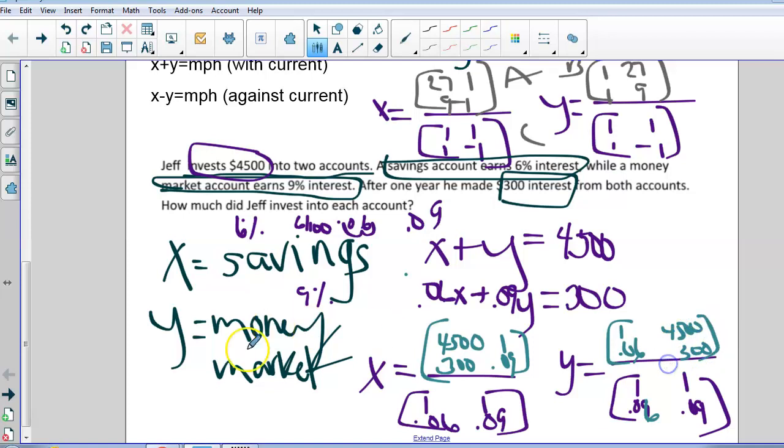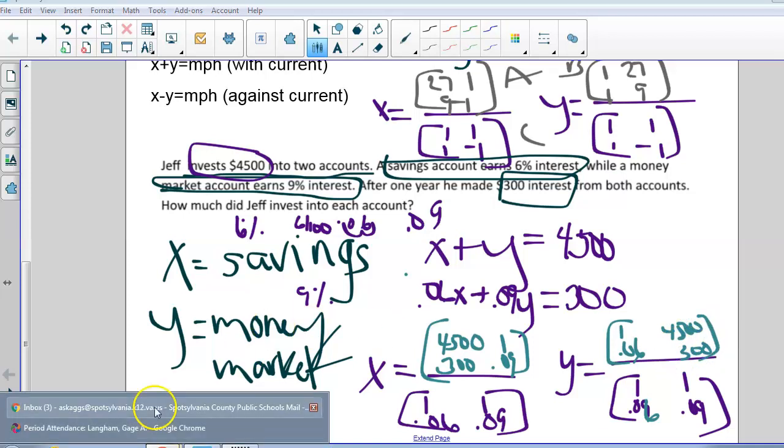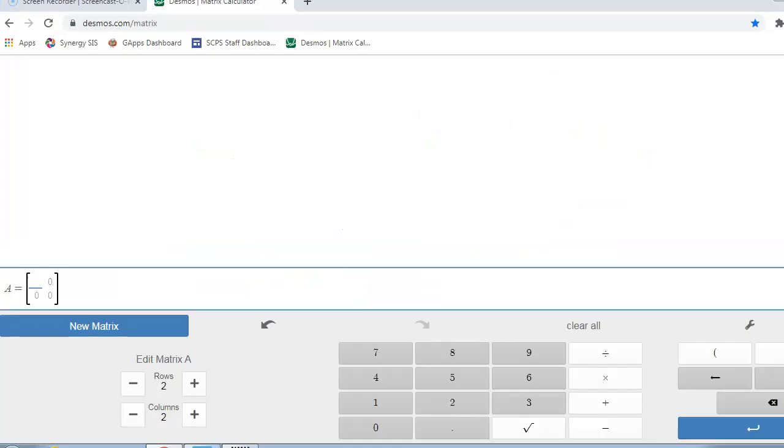Okay, and I can come over to Desmos, 4,500 with 300, 1 with 0.09. Then I'm going to have 1 with 0.06 and 4,500 with 300.